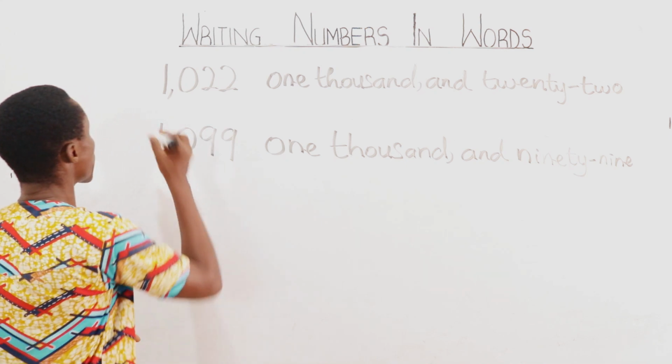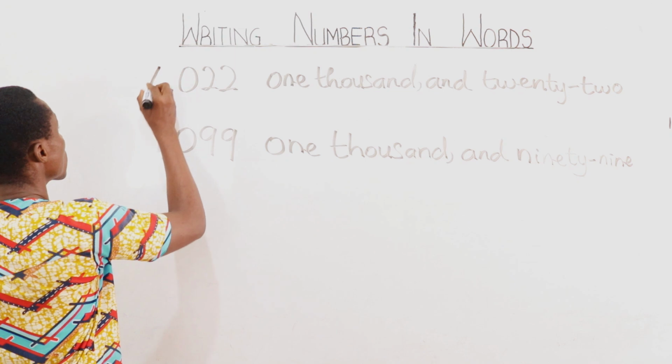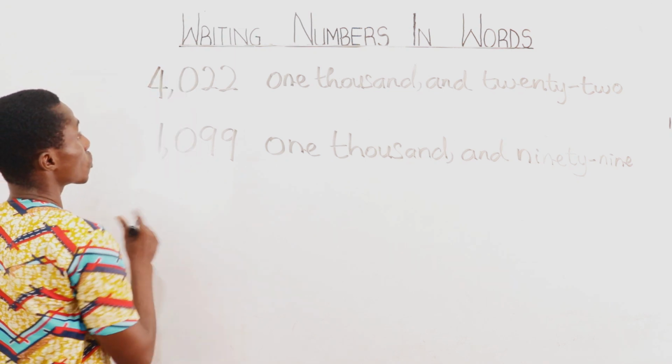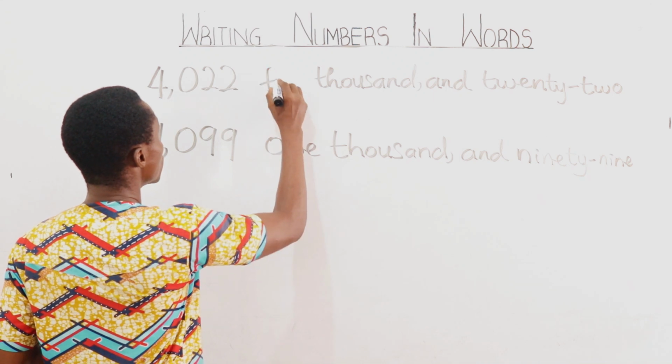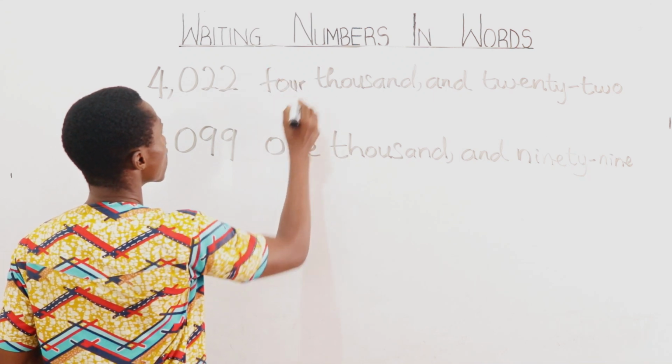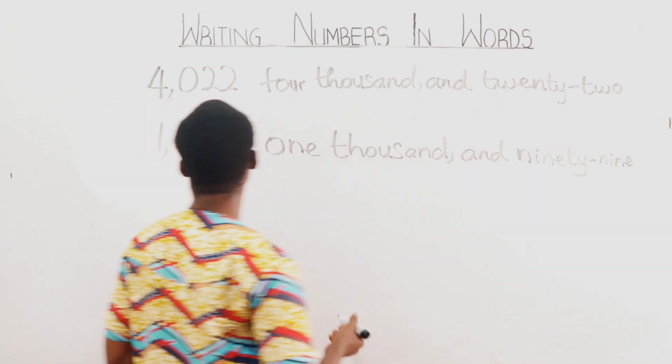So if this was to be, let's say, 4,022, here will simply be 4,000 and 22.